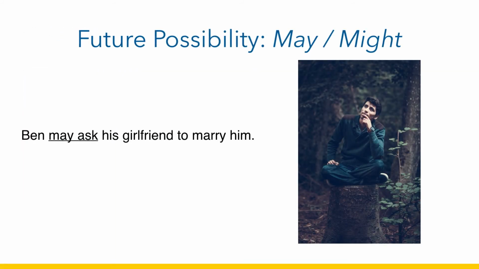Sometimes we're not 100% certain about the future. In this case, we can use may or might to make a guess. For example, Ben may ask his girlfriend to marry him. He's not sure though. He doesn't want to be rejected.